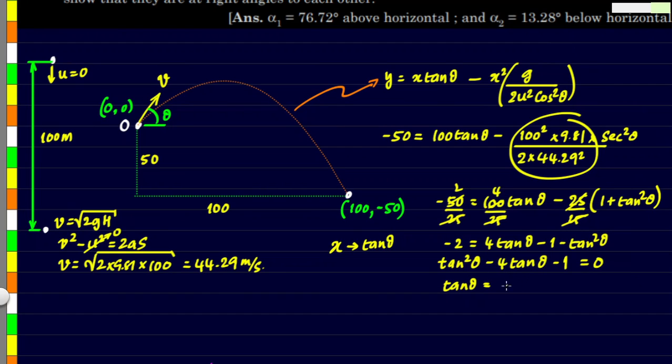In this case, b is 4, so minus b is going to be 4, plus or minus the square root of b square, that is 16, minus 4ac, a into c is minus 1, so it's going to be plus 4, whole divided by 2 times a, so that's just going to be 2. So when we find this, we will get two values for tan of theta. Let's find it out.